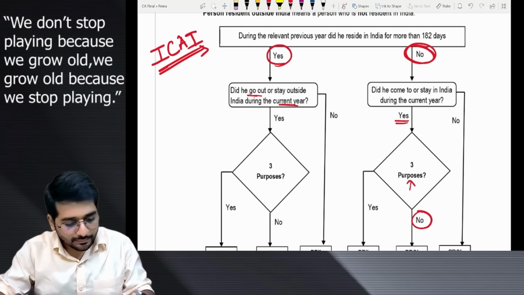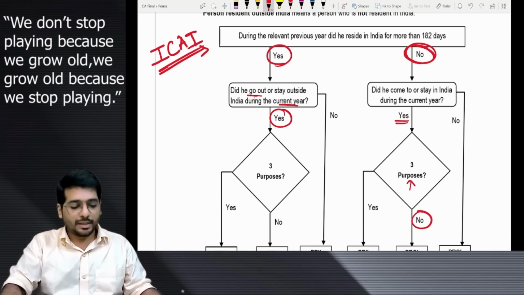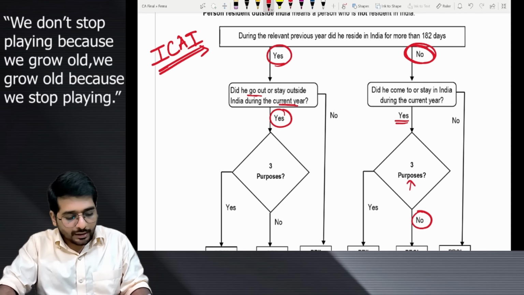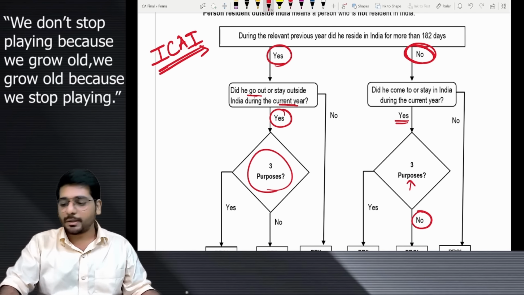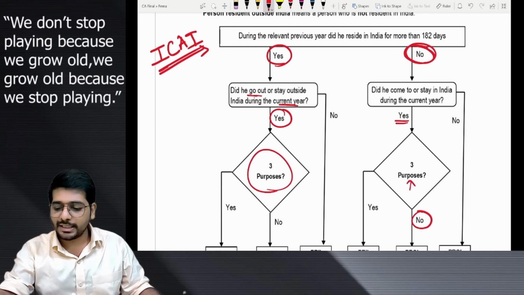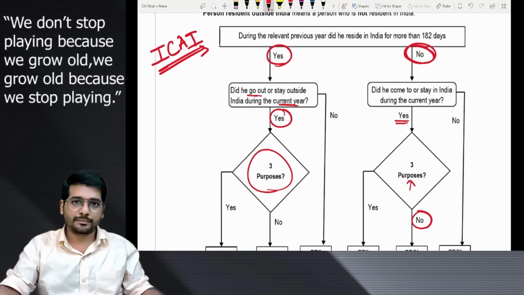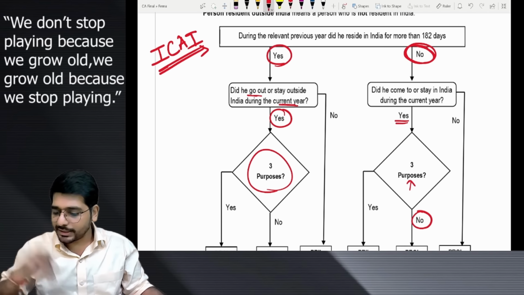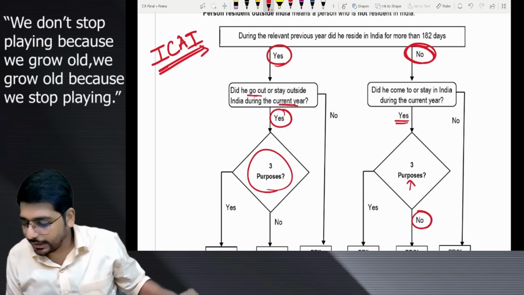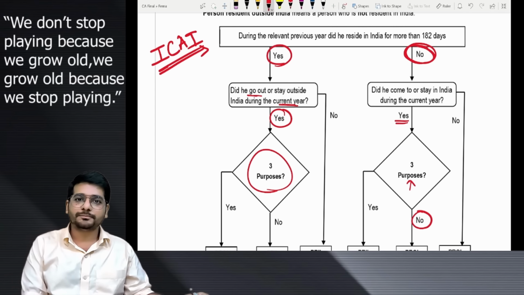Okay, wait. My answer is this. Did he go outside India for any of the three purposes? Well, they said he was already outside India. He had just come to India to meet his parents and stayed back, and then he again went back from India to outside India.